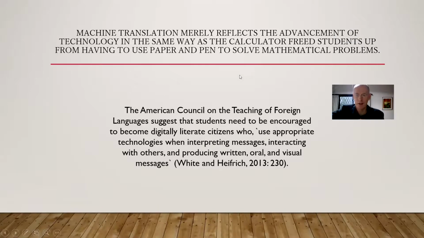Also, the second argument against not using machine translation is that it merely reflects the advancement of technology. For example, in the same way as the calculator freed students up from having to use paper and pen to solve mathematical problems, or indeed the invention of paper.